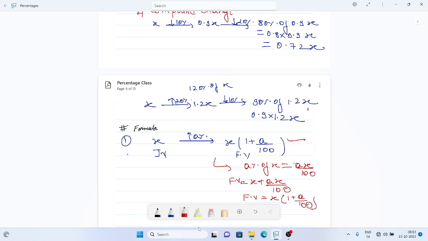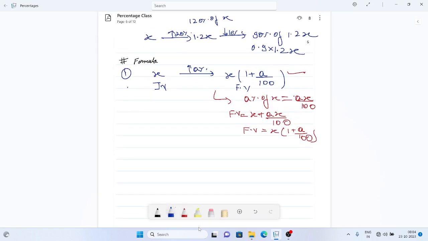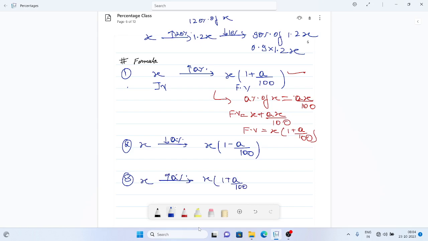Either you use this formula or remember this logic, whichever method you are comfortable with, use that method. Okay, no problem. Now second, if x is decreased by a%, you only have to change the sign, x(1 - a/100), in this formula. Third one, if x is increased by a%, it becomes x into (1 + a/100).